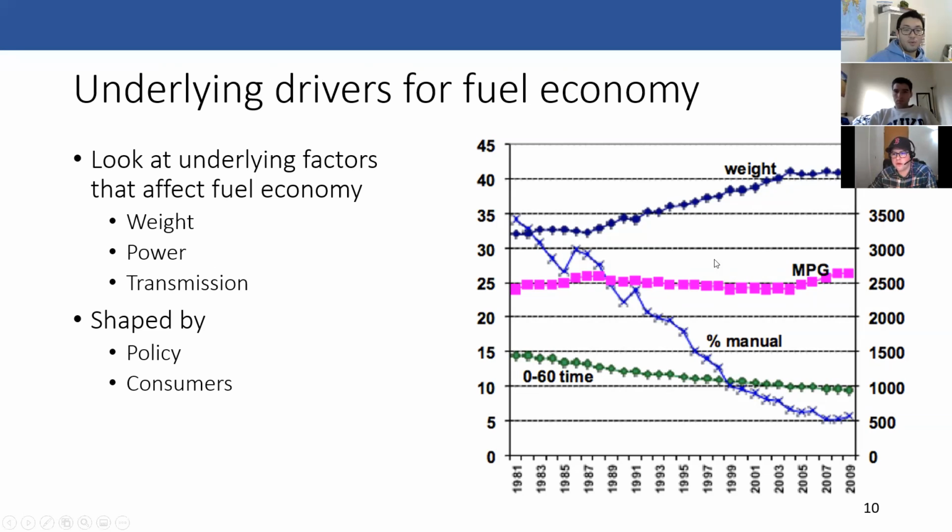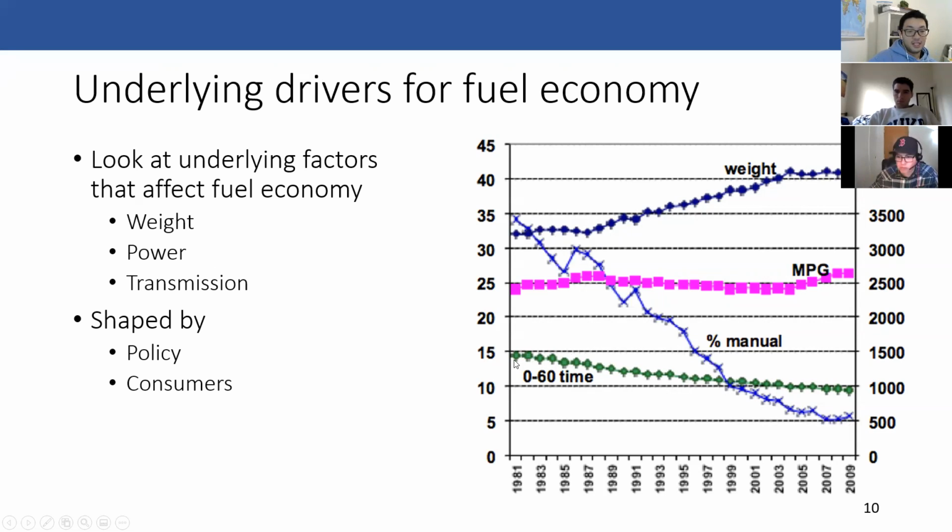And so what were those things that they were improving? From a weight perspective, they started selling bigger and bigger cars, which is something that consumers liked. They started changing towards a lot more proportion of automatic transmissions.